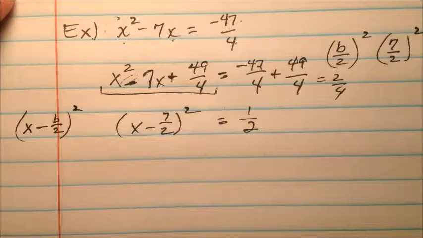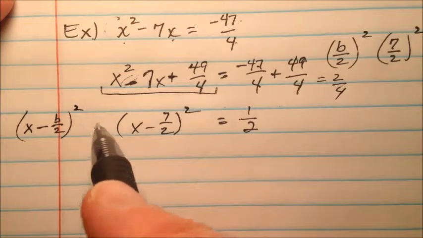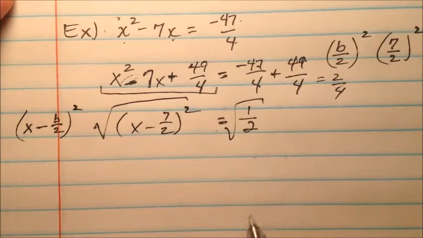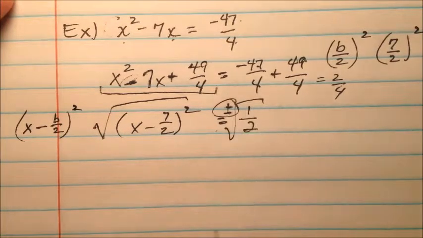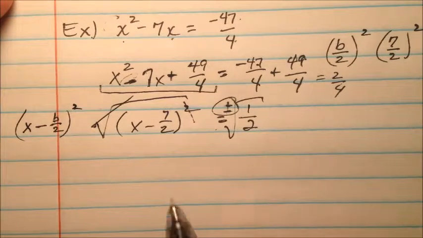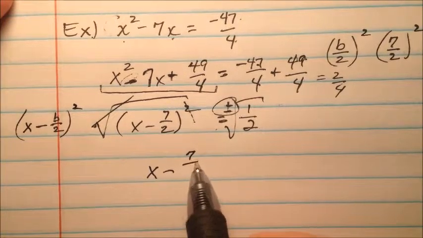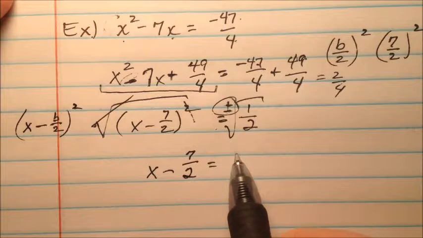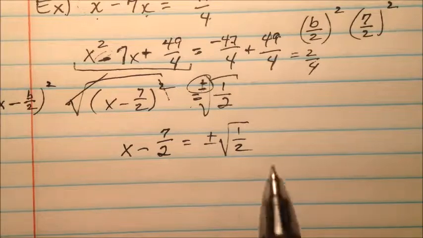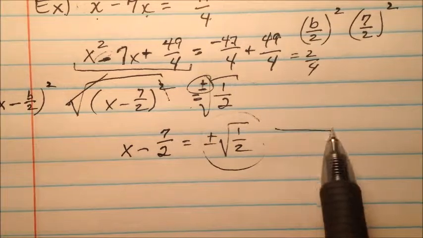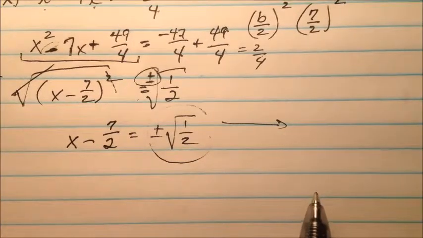Okay, we got some fractions in here, but don't let that get you down. So again, square root of both sides with a plus or minus over here on the right side. So our square and our radical cancel, so x minus 7/2 equals plus or minus the square root of 1/2. Well, let's take a moment and kind of push this over here and look at what this looks like.